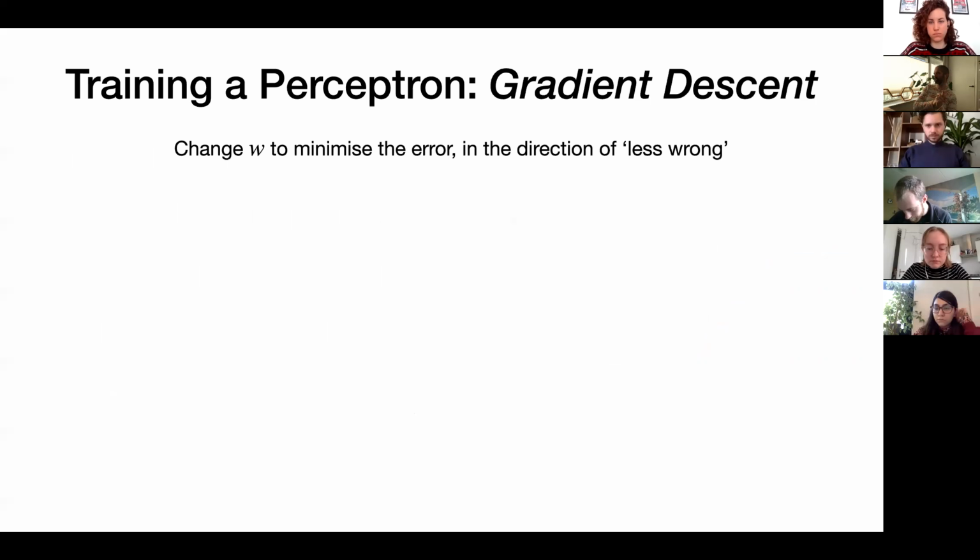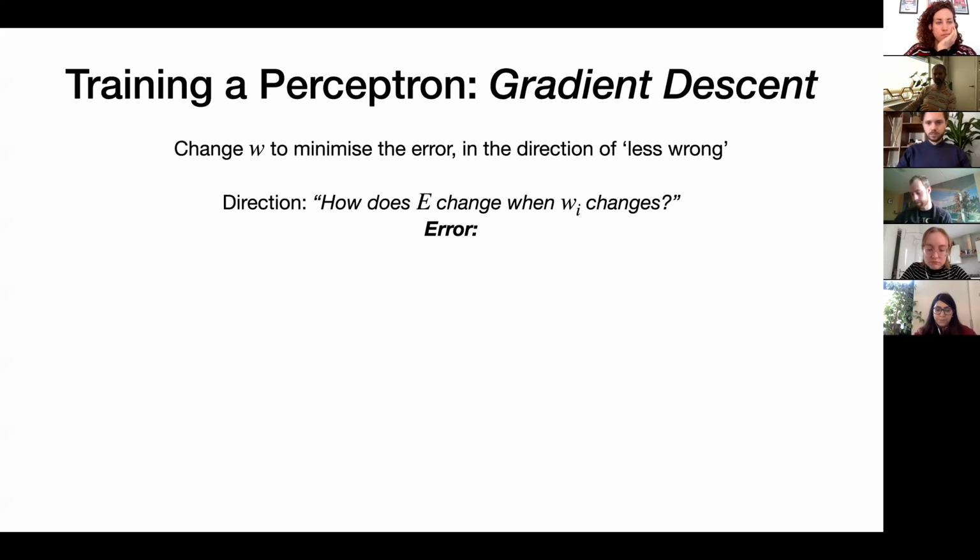And of course, we're going to try to change the values inside that W vector in the direction of less wrong, right? We want to improve things. And how do we get there? This direction we get from asking ourselves how this error changes when each of the weights change. Like I just said before, this error is half of (y minus t) squared.